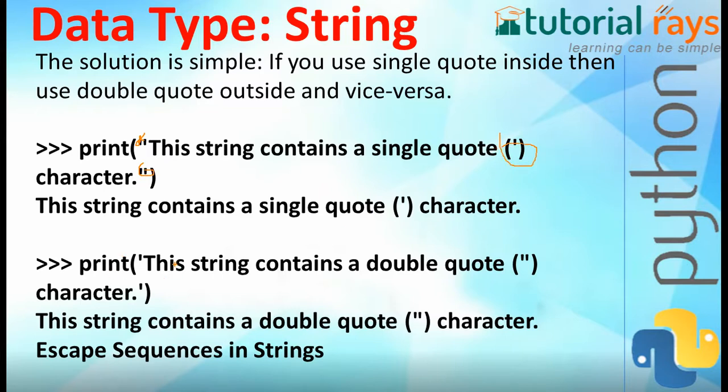Similarly, if you want to use single quote outside here, then inside you can use double quote. So this solution is simple: either you use double quote outside, then you can use single quote inside, or if you want to use single quote outside, then you can use double quote inside.